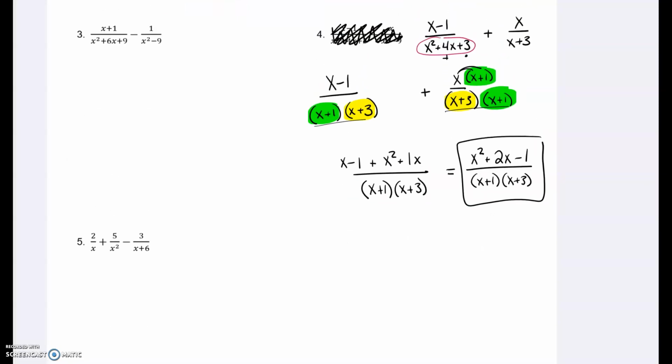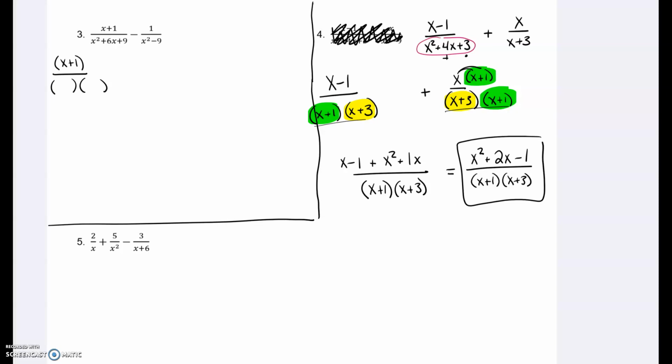Now let's go back to number 3. Number 3 is a little bit different because we are going to have to factor both denominators before we get started. So our first fraction is currently x plus 1 over, and we need to factor this denominator. So two numbers that multiply to give us 9 and add up to 6.